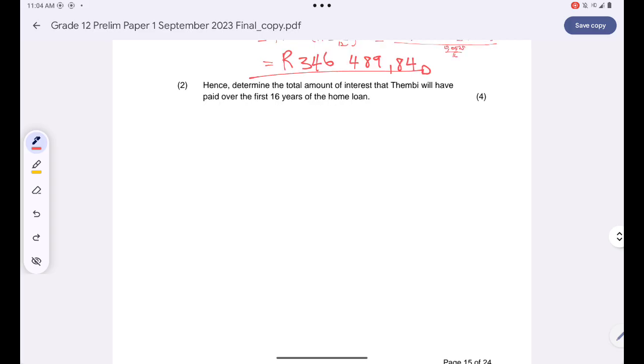Now we are told that we should calculate the total amount of interest paid by Tembi over a period of 16 years. Over the period of 16 years, Tembi was paying equal installments of 8,018 rands 75 cents.